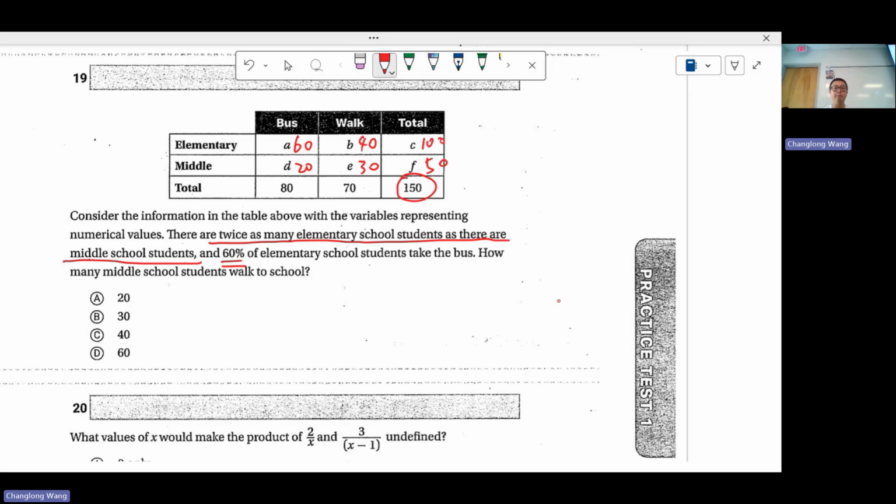But of course, it will take you some time to realize there are 150 total, so twice as much for elementary school students. So 100 elementary school students, 50 middle school students. Then later the percentage. If you tend to have a hard time with percentages, those are the questions that you should look up on the website called One Prep dot XYZ.